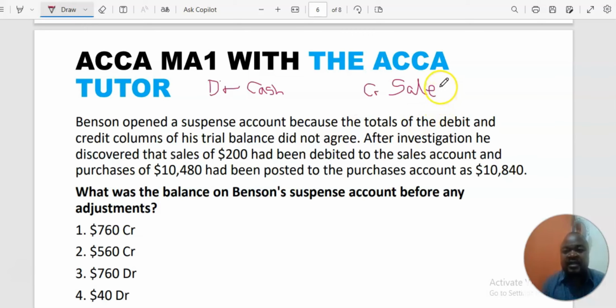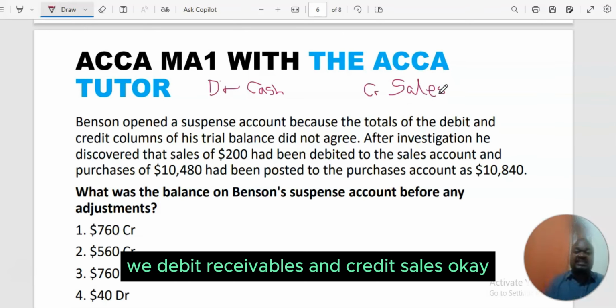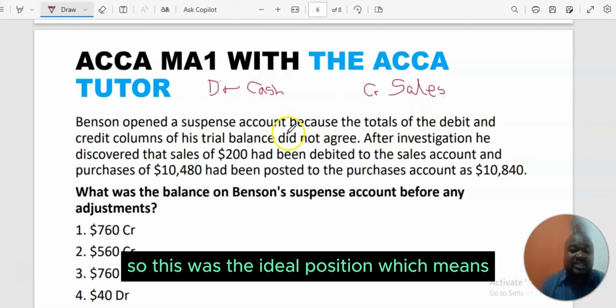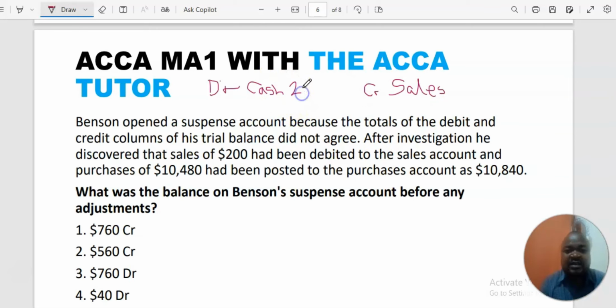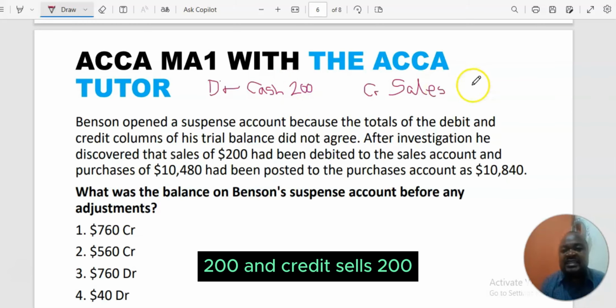If it was a credit transaction, we debit receivables and credit sales. So the ideal position is to debit cash 200 and credit sales 200.